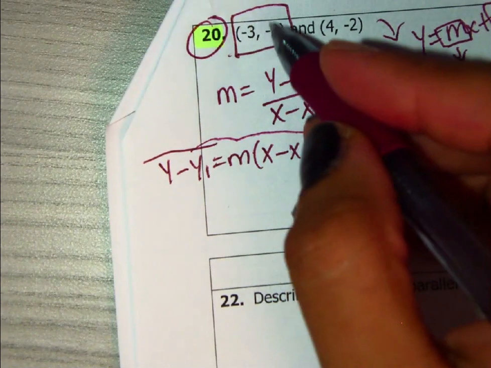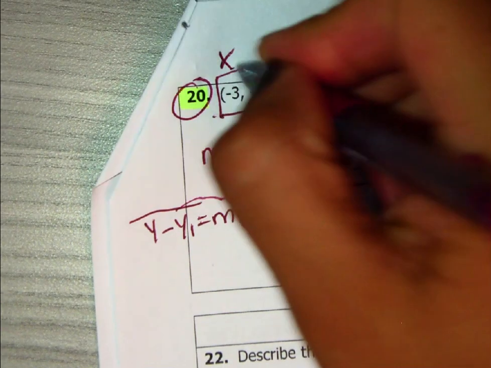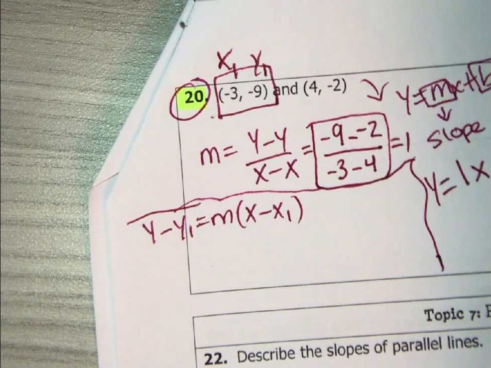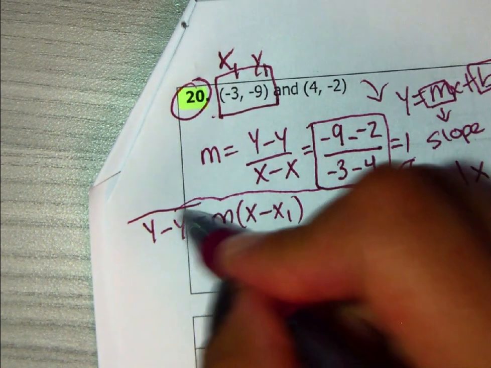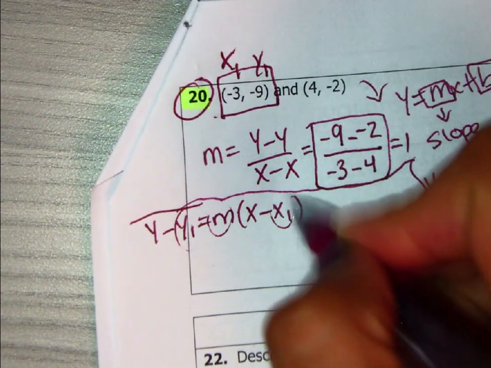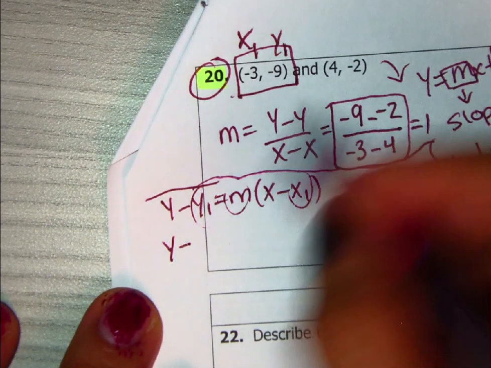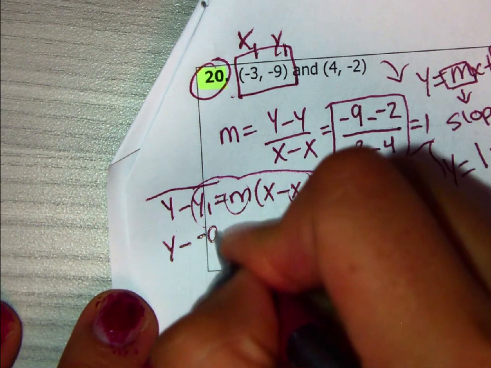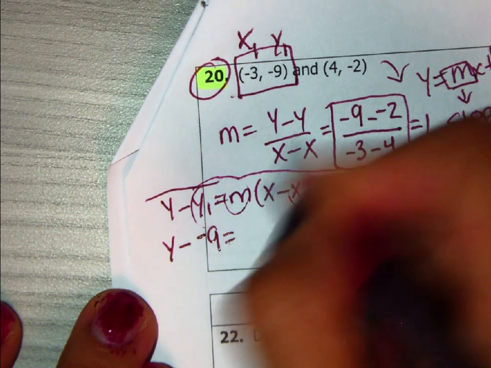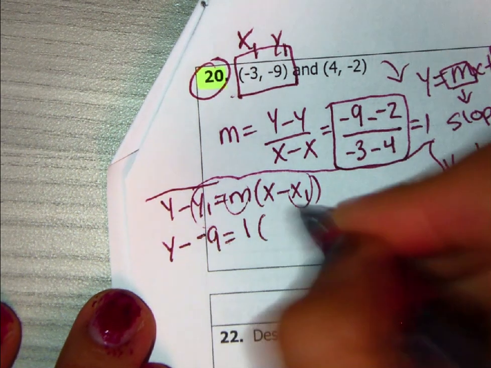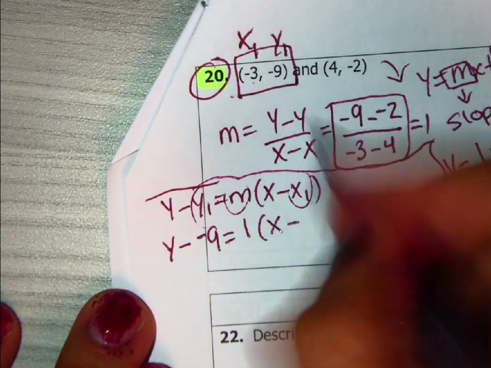So this point is going to be your x1 and y1. You're going to replace them here, here, and here. You're going to have y minus your y1, which is -9, equals m, which is 1, x minus -3.